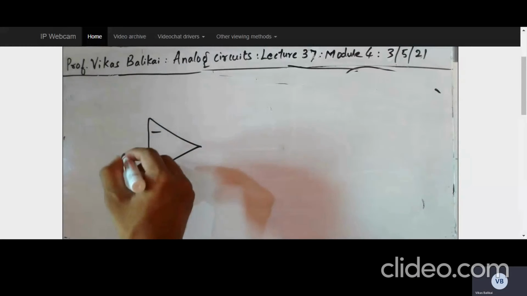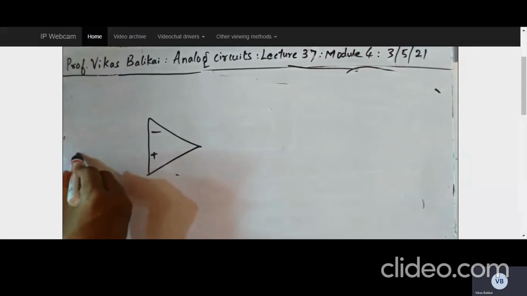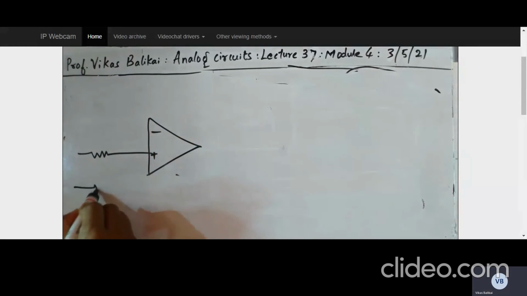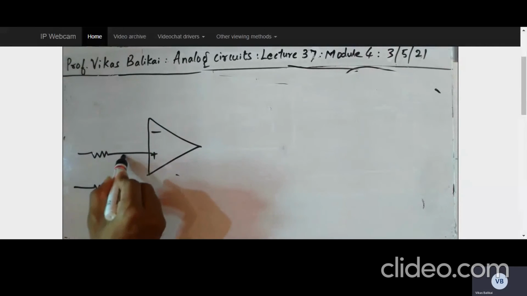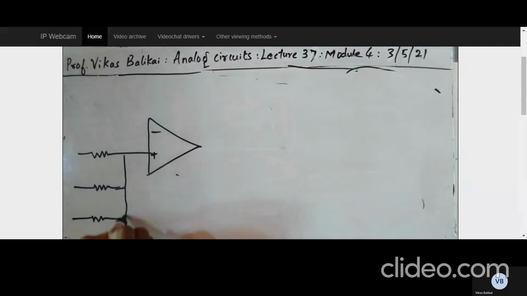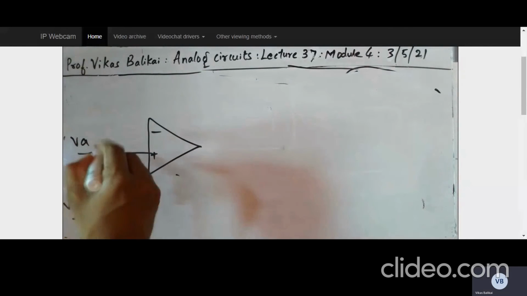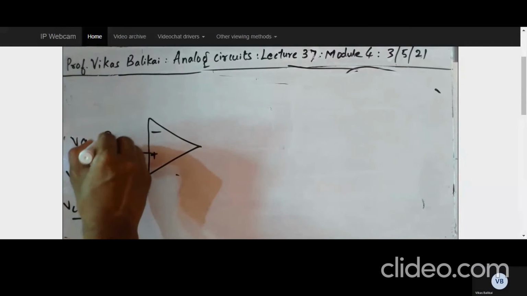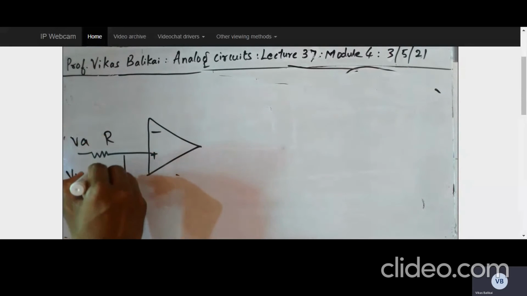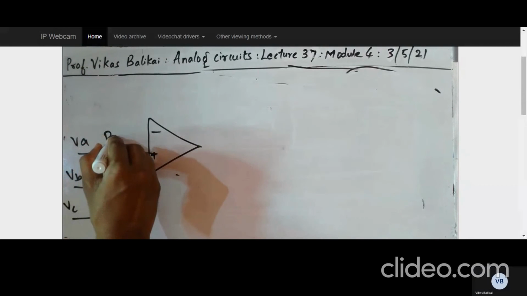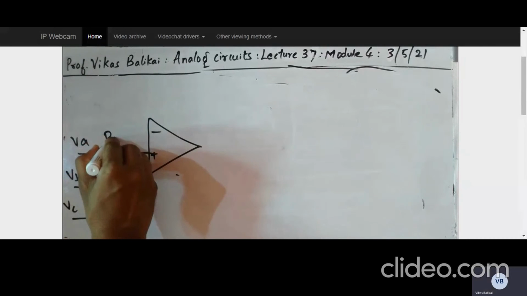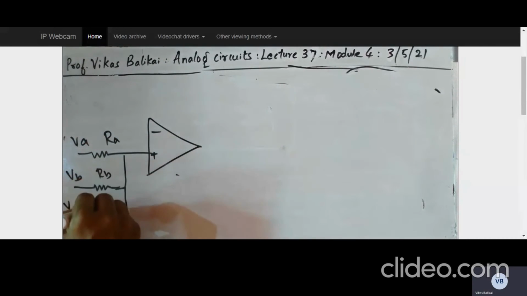So I have three inputs being given at the non-inverting terminal, which are named VA, VB, and VC, and the resistances I'm going to take as RA, RB, RC.